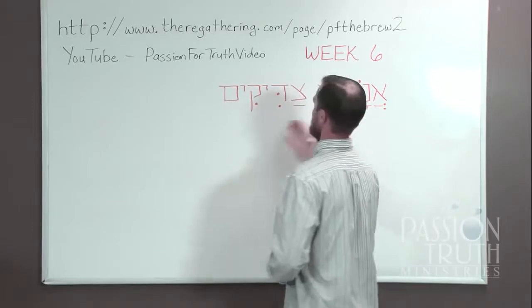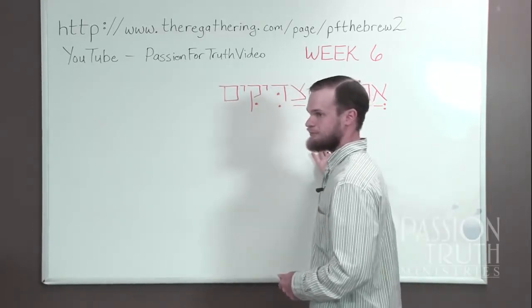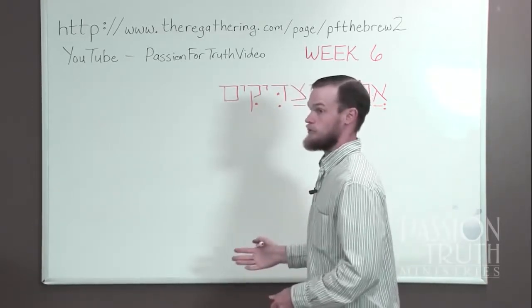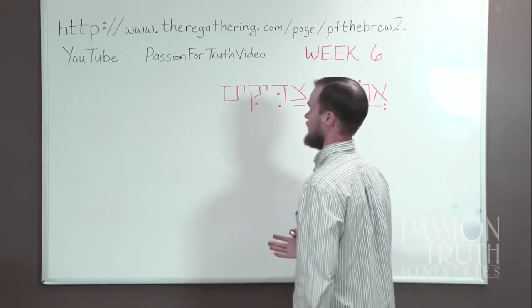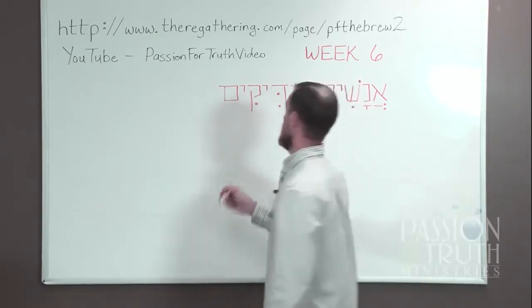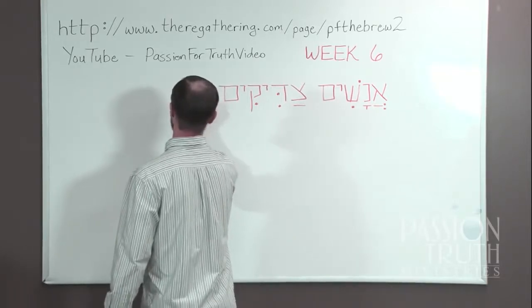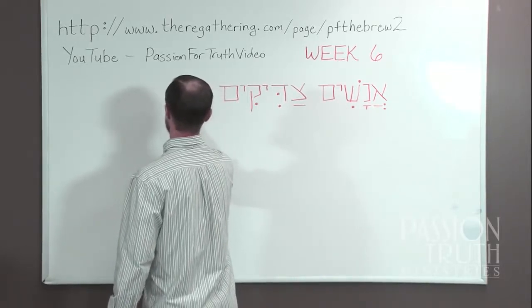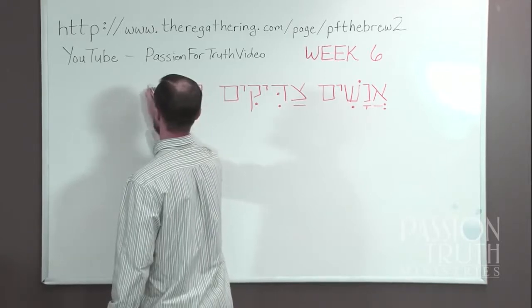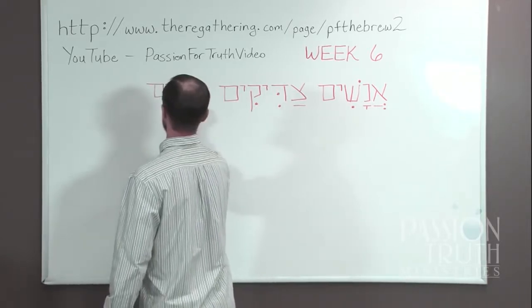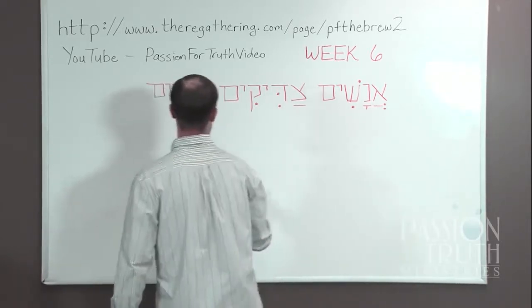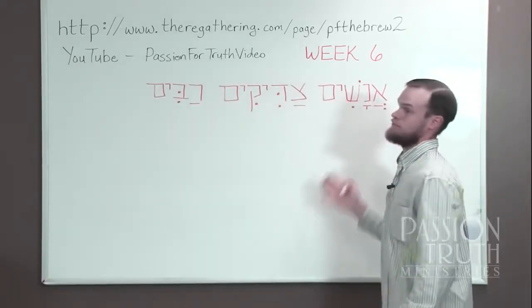So anashim tzaddikim, righteous men. If we want to say many righteous men, we put the term that indicates quantity at the end. So anashim, tzaddikim, rabim. This would be many righteous men.